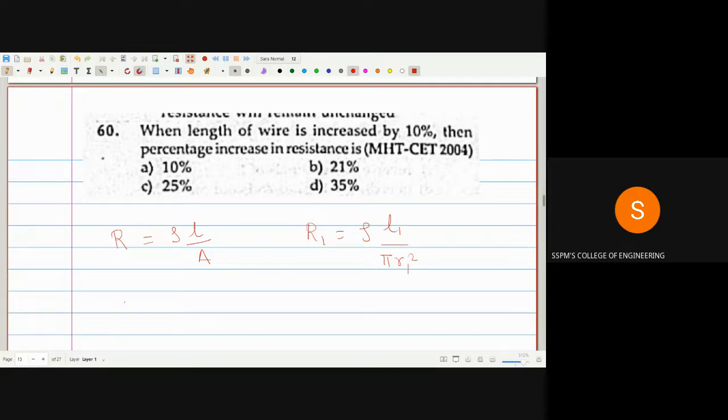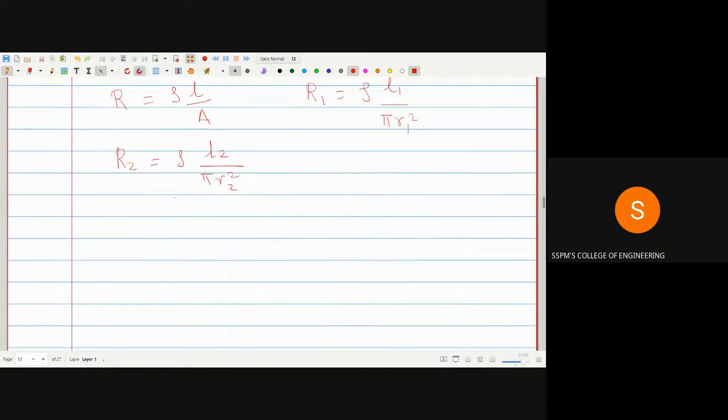In the second case the length is changed; let's consider the length is L2, so R2 is rho L2 divided by pi R2 square. Isn't it? So R2 divided by R1 is equal to L2 divided by L1 multiplied by R1 square divided by R2 square.